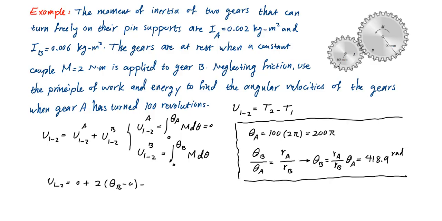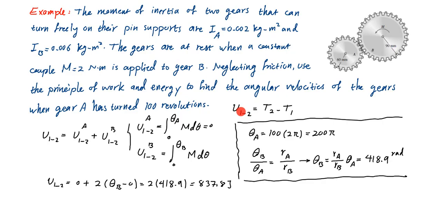This gives you 2 times 418.9, which gives 837.8 joules. So this is U from 1 to 2. We got what we needed for the left side of the equation.